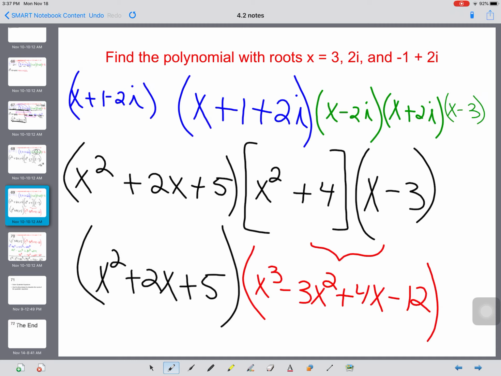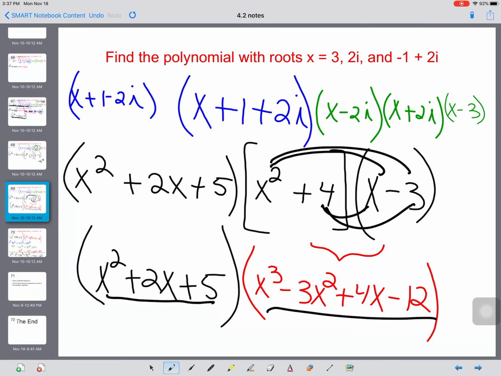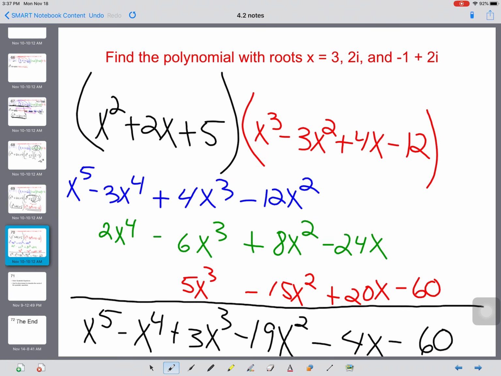Now, last but not least, you've got to do a little bit of work here. So I've got to distribute the x squared to both of those, distribute the 4 to both of those. That's what you get. Play around with that one. Now I've got to distribute this trinomial to this polynomial, and it's just a lengthy process.